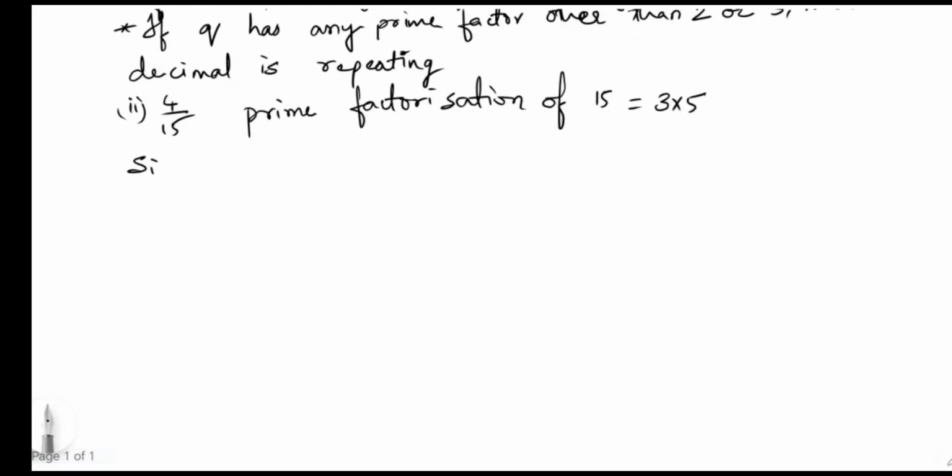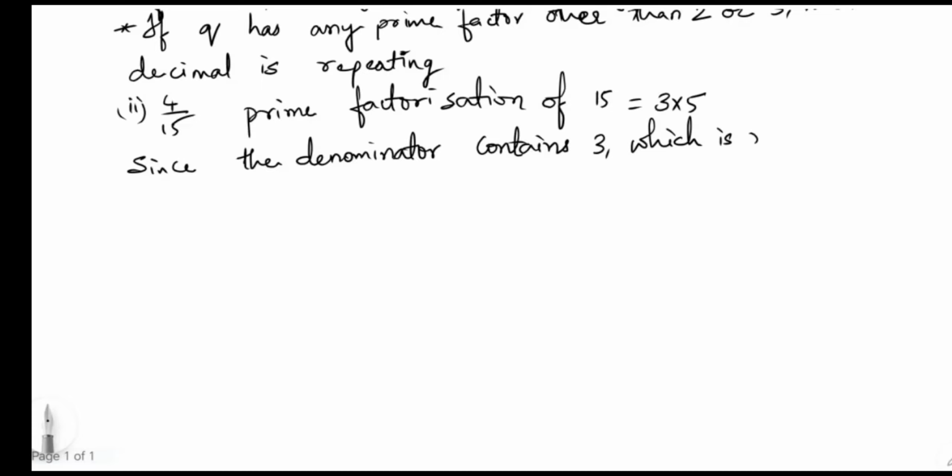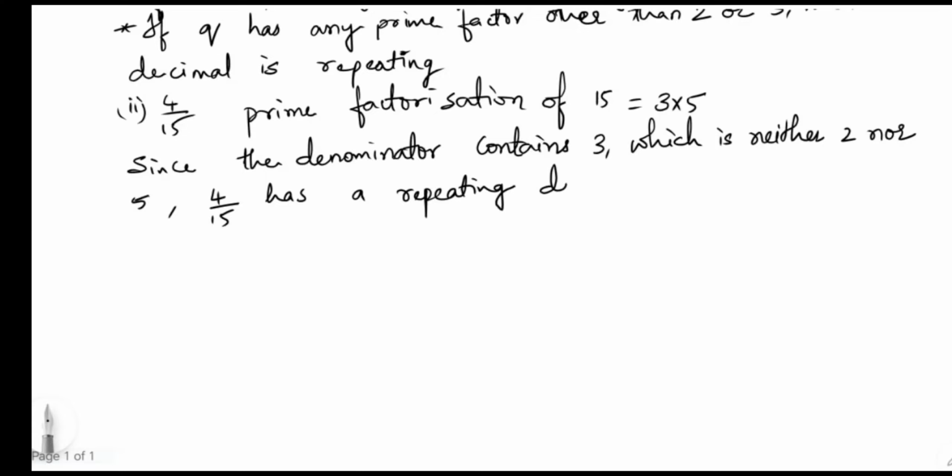So since the denominator contains 3, which is neither 2 nor 5, 4 by 15 has a repeating decimal.